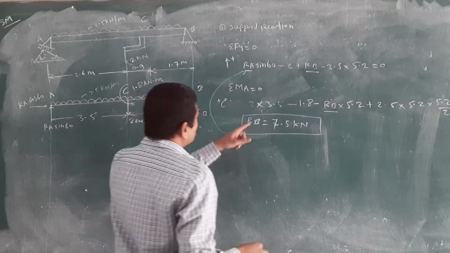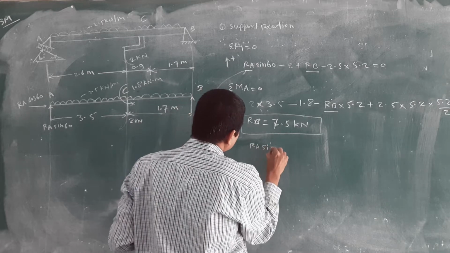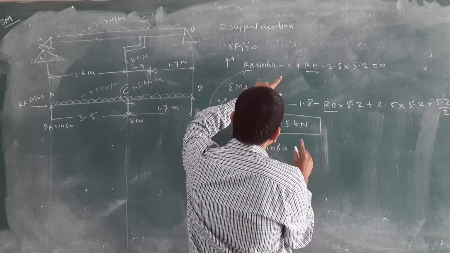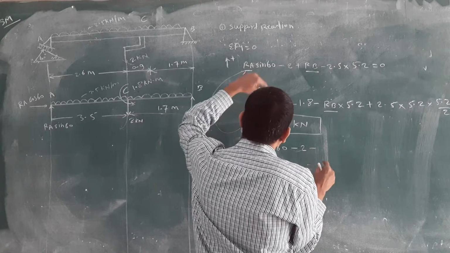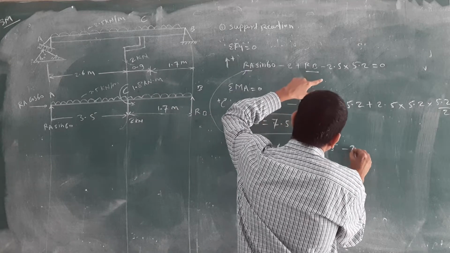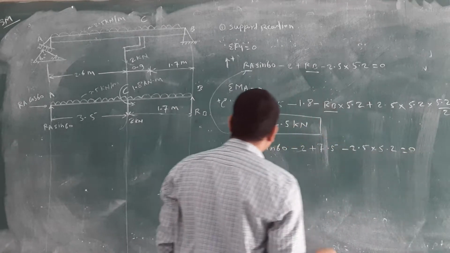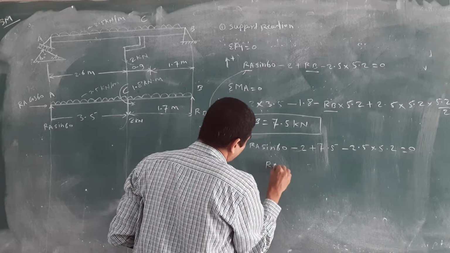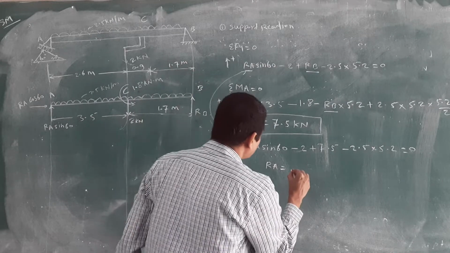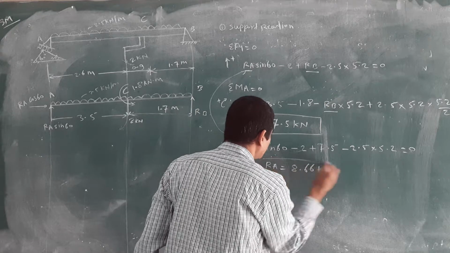If you put this value in that equation, then you will get Ra sin 60 equal to minus 2, plus RB 7.5 kilonewton, minus 2.5 into 5.2, equal to 0. Then you will get the Ra value, 8.66 kilonewton.